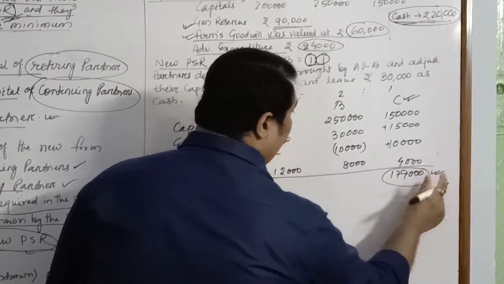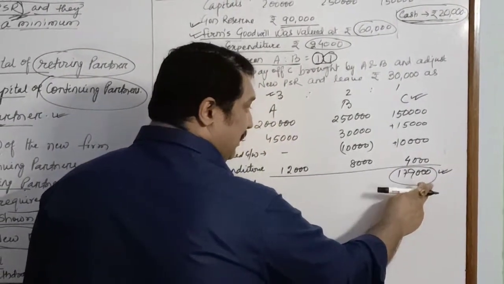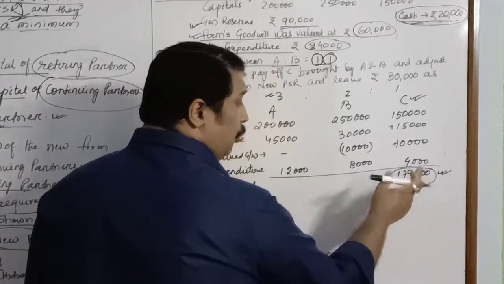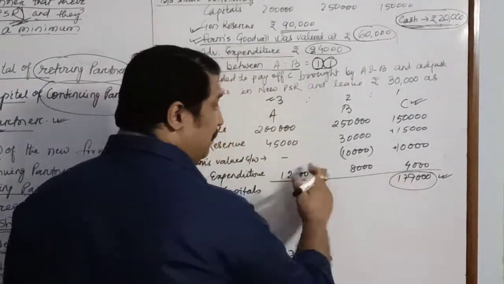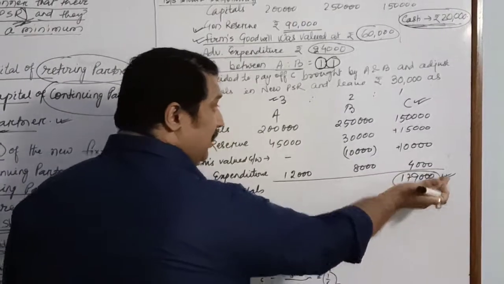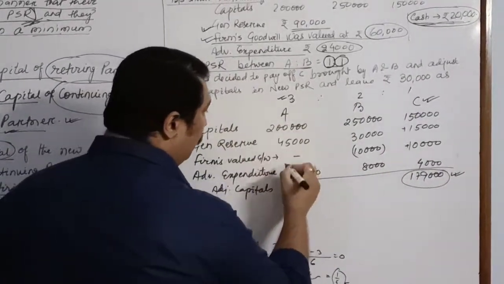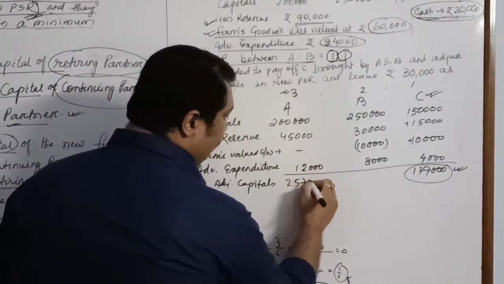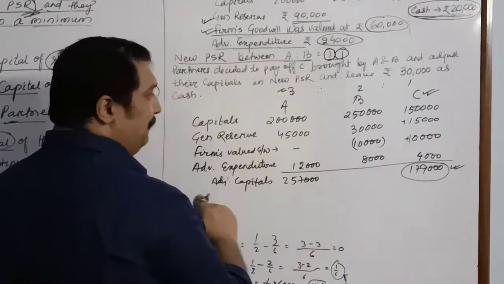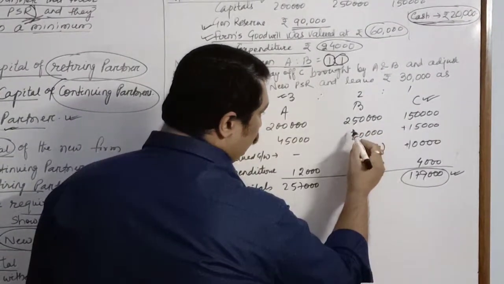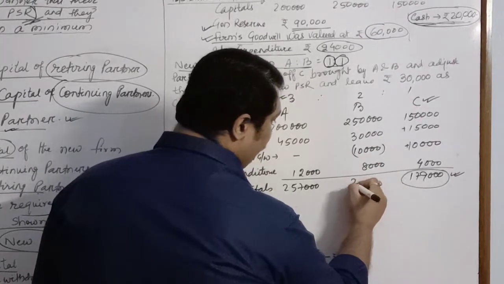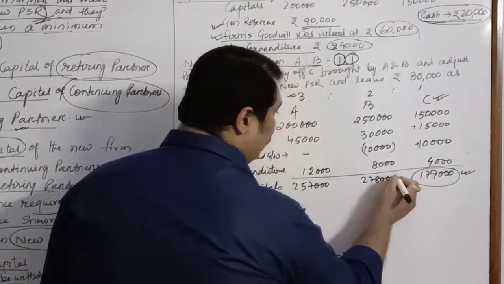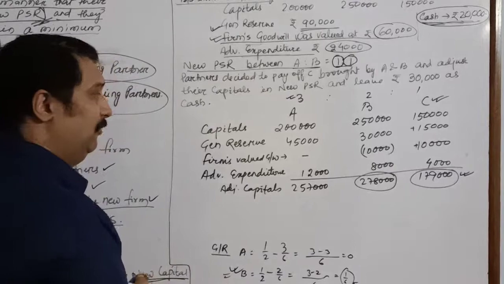So you need to pay this much to C. And in order to pay C, who will bring the money? It will be brought by A and B. So this will become a part of their capital later on. Over here, 2,57,000. This is the adjusted capital of A, and 2,78,000 is the adjusted capital of B.